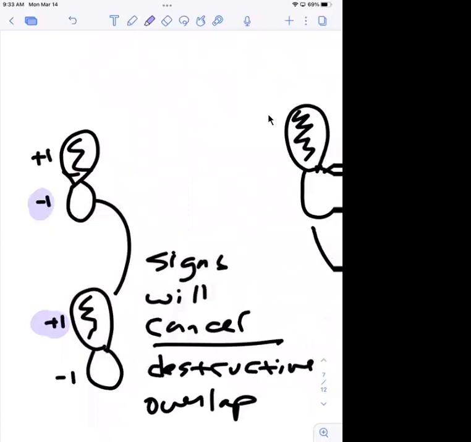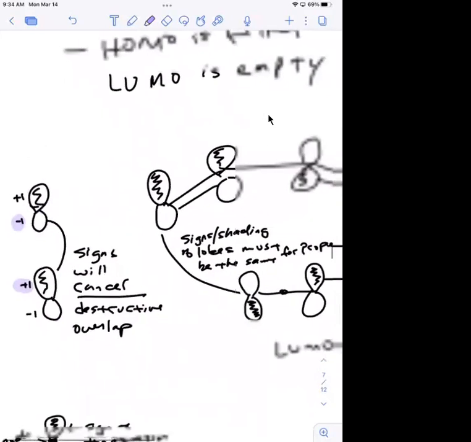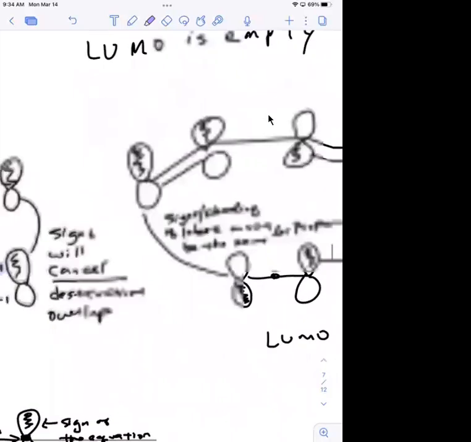Is that right? Yes. So when those signs are different but they have the same value, they're going to cancel each other. That's why the orbitals have to have the same signs in order to get what we call constructive overlap.